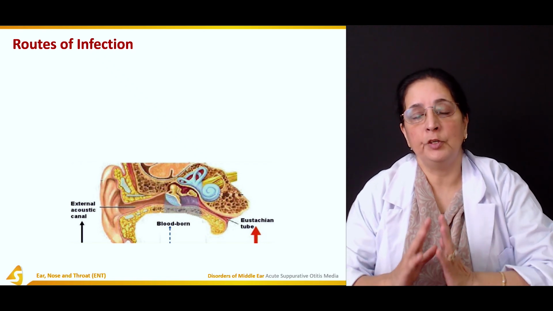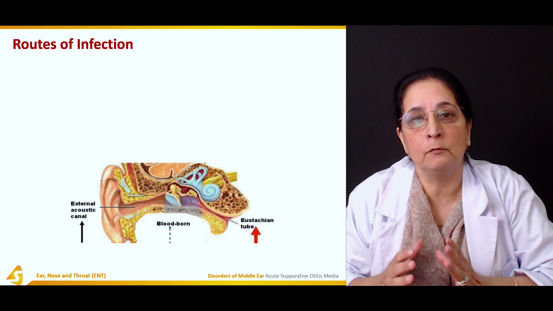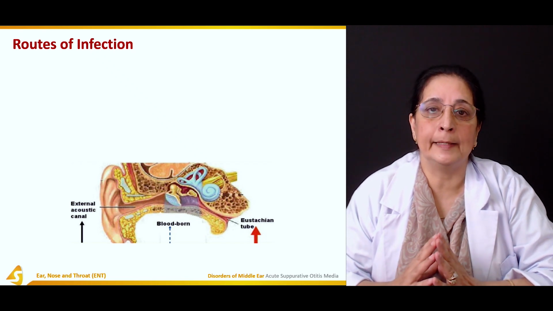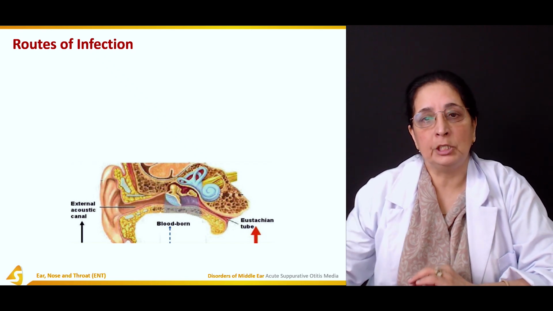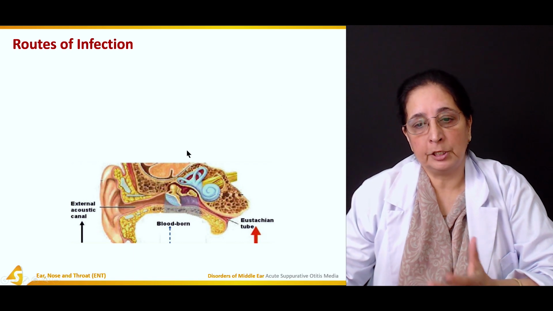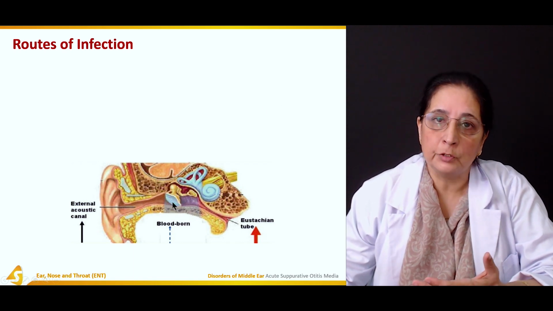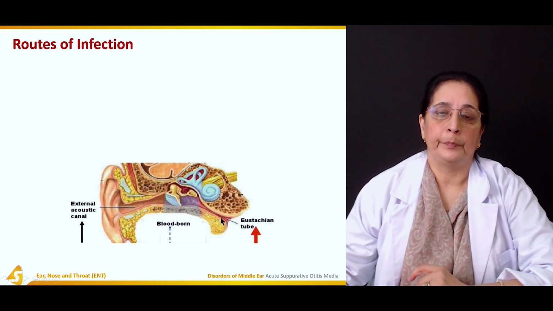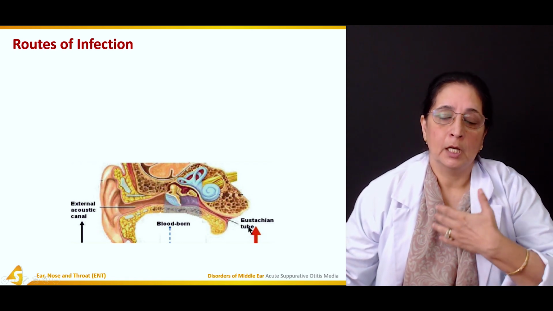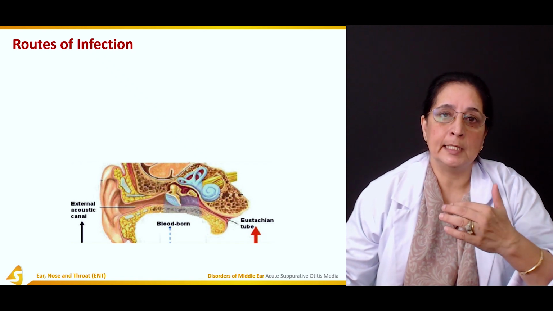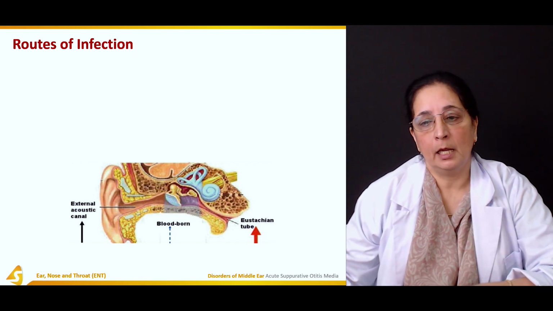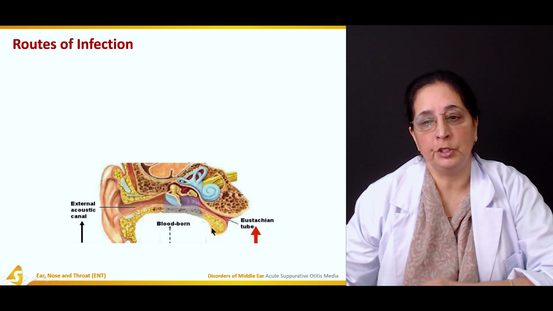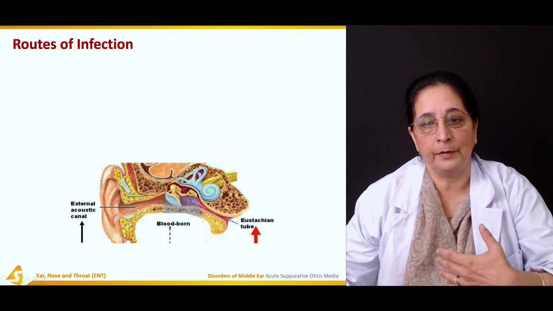So any injury, trauma, or infection that involves the external auditory canal can reach the middle ear, especially due to damage to the tympanic membrane. Then we have the eustachian tube, through the throat and nose, and then it reaches the middle ear. So that's another route of infection.